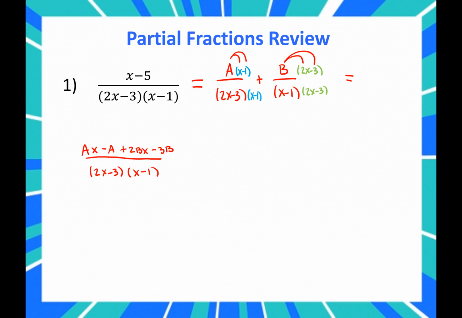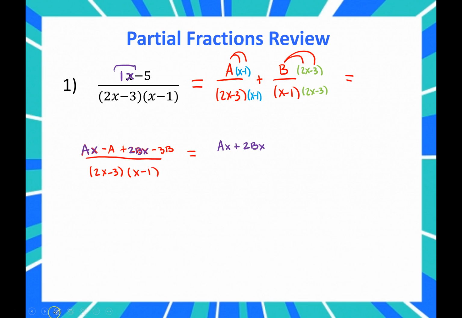All right, the next thing that we do is a little bit different, and I'm going to color code this. In purple, anything that has an x with it, I'm going to color purple. So I'm going to call this ax, and this 2bx, in purple. And I'm going to rewrite this as ax plus 2bx right next to each other, because notice the x's are first here.